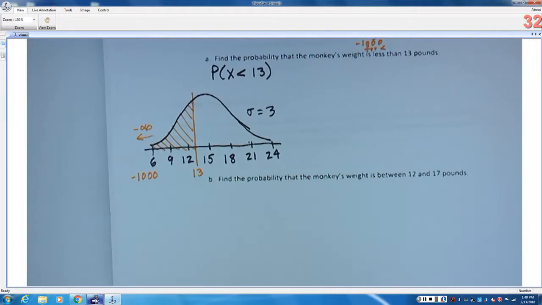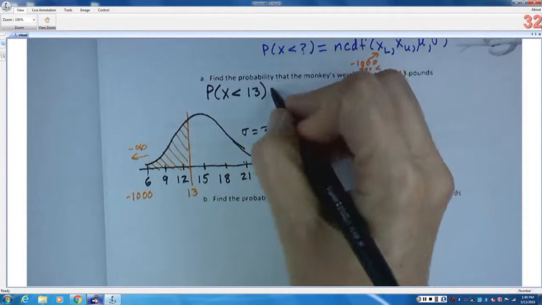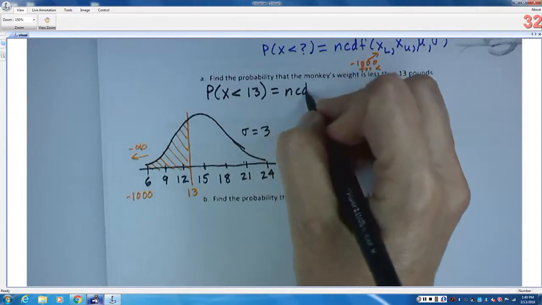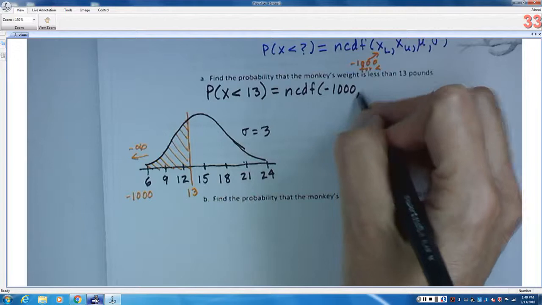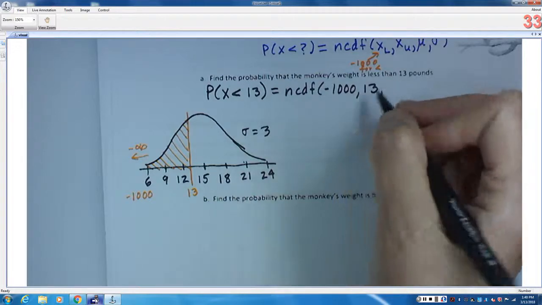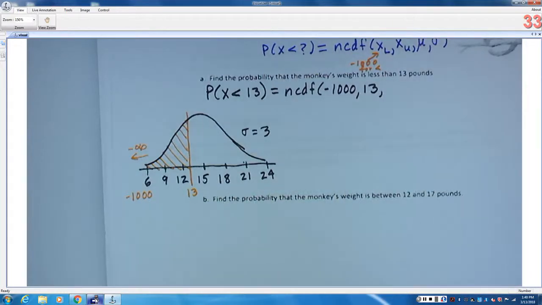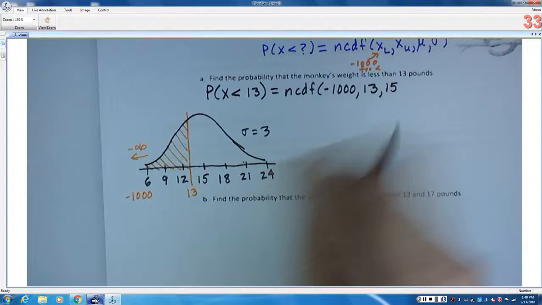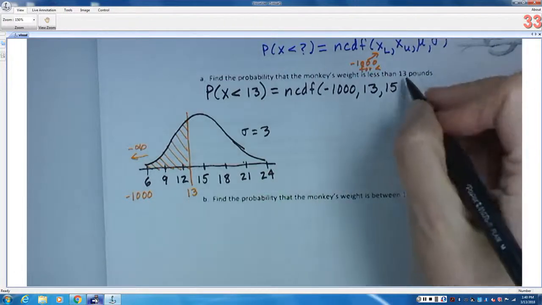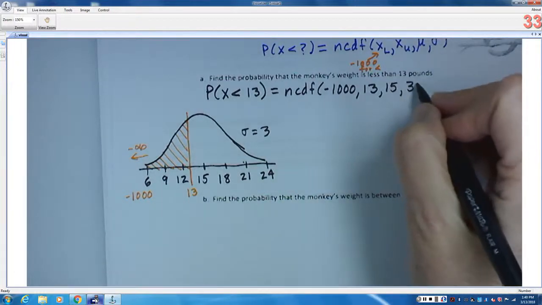So this equals normal CDF, negative 1,000 to 13. And if we're using the shortcut, you cannot leave off the mean and standard deviation. You have to put in the 15, because that's the mean, and the standard deviation was 3.